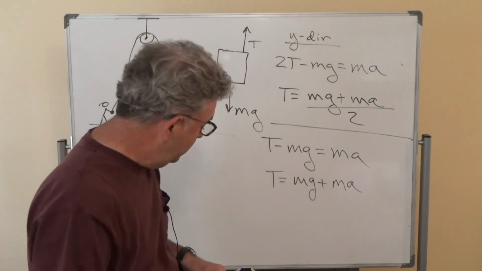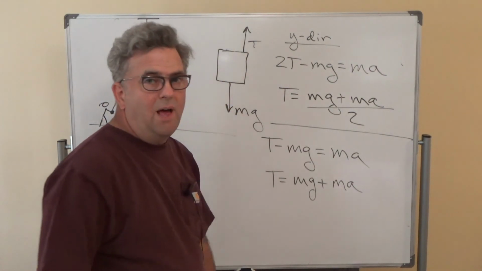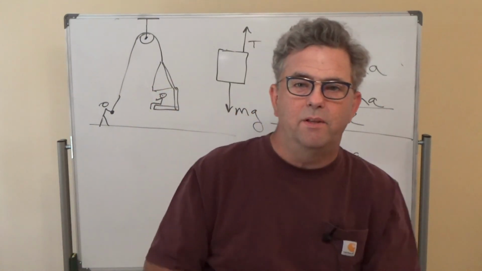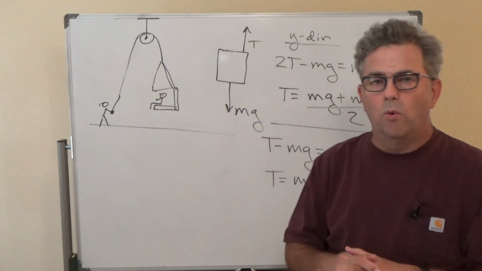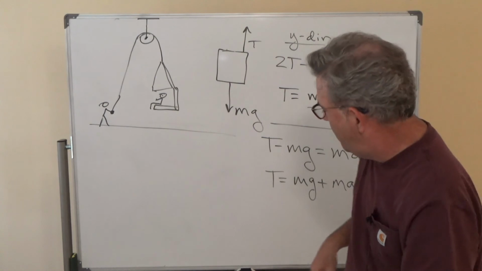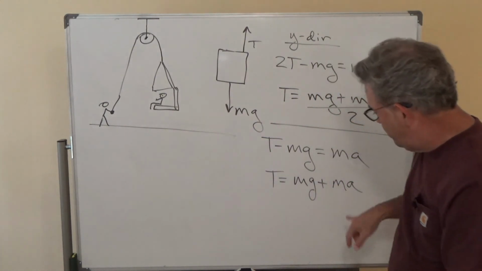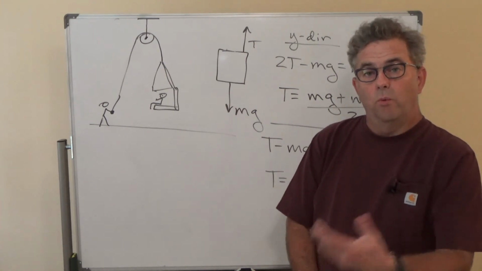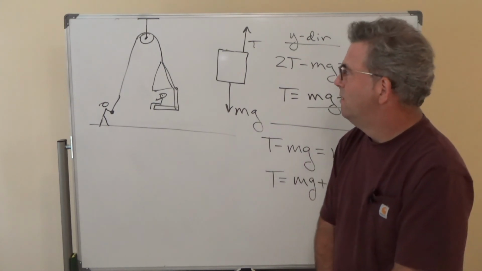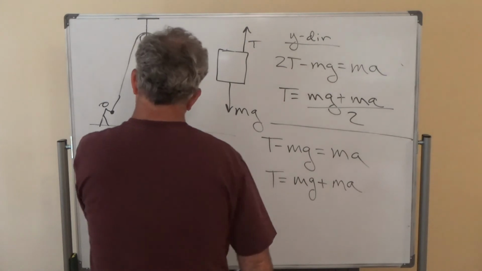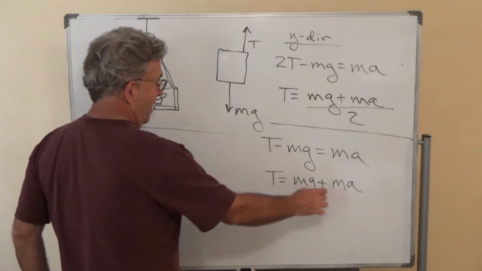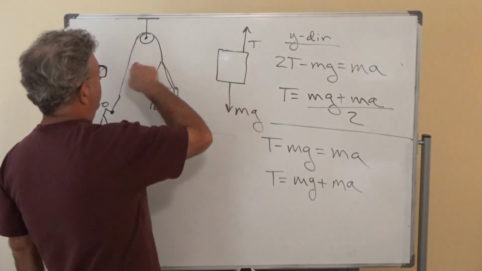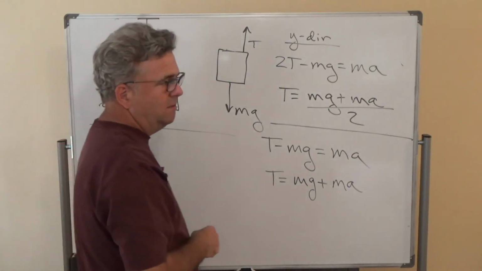And you all know this from hopefully some life experience of lifting something. If you want to accelerate it quicker, you got to add a lot more force. Okay? So the rope in this case has a tension that's twice what it does in the previous case.